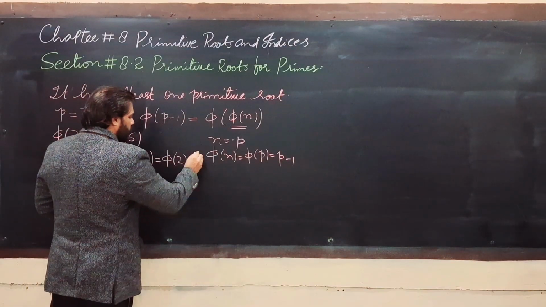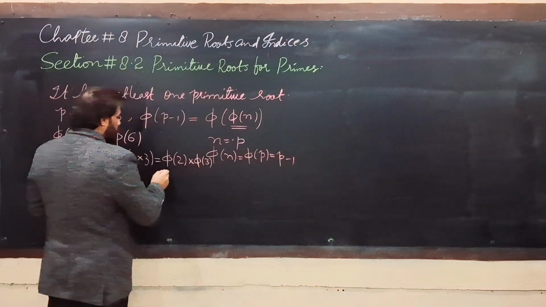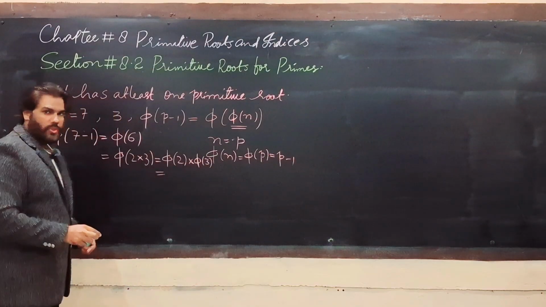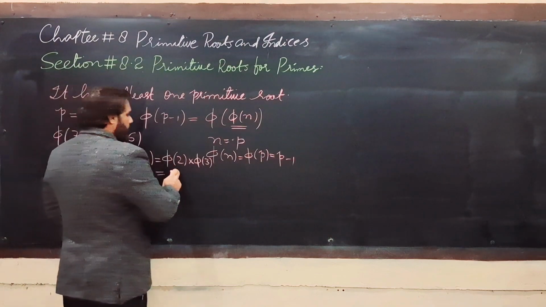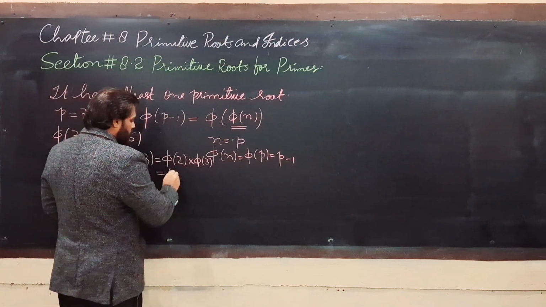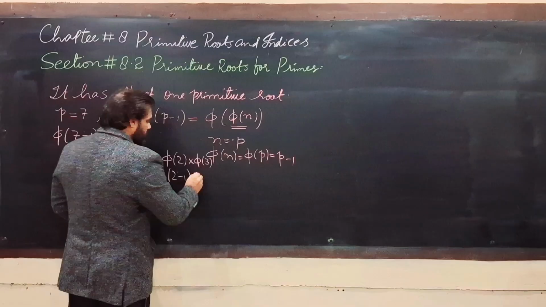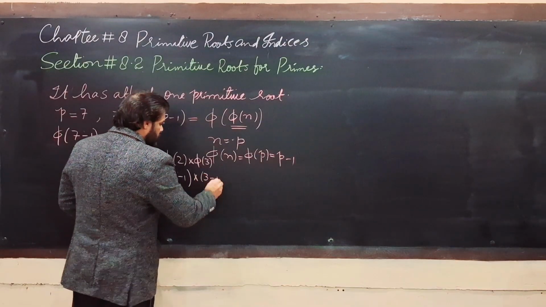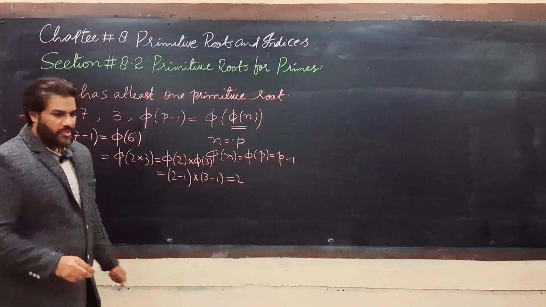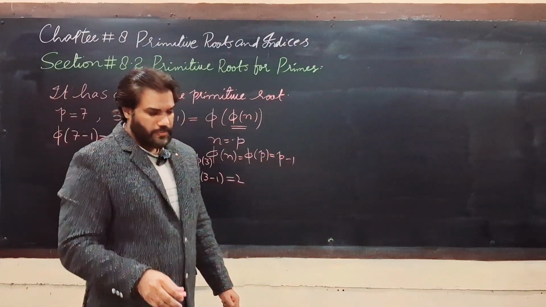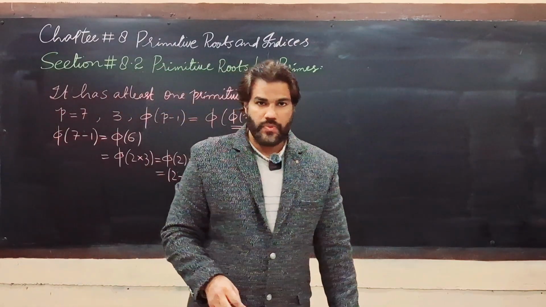This becomes phi of 2 into phi of 3. This is the multiplicative property of the phi function. Phi of 2 is again a prime, so its value is 2 minus 1, and phi of 3 is 3 minus 1, which is equal to 2. So when p is 7, the total number of primitive roots is 2.